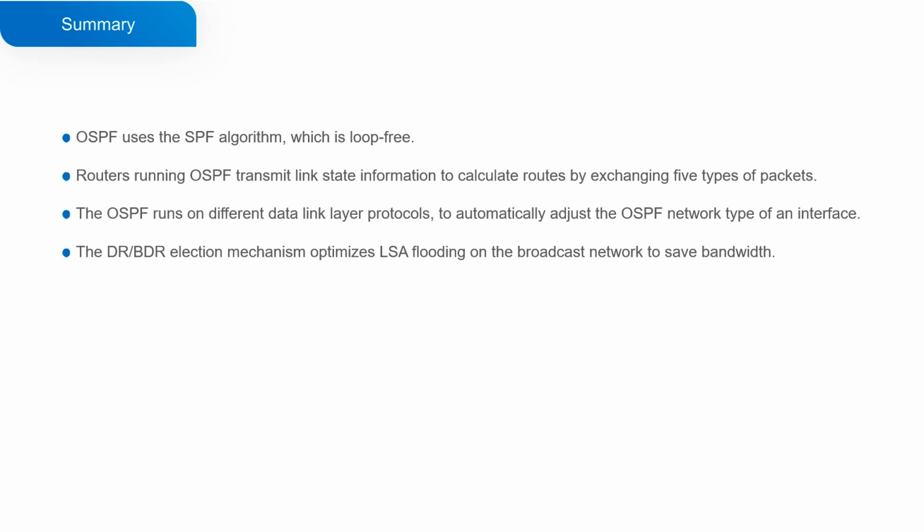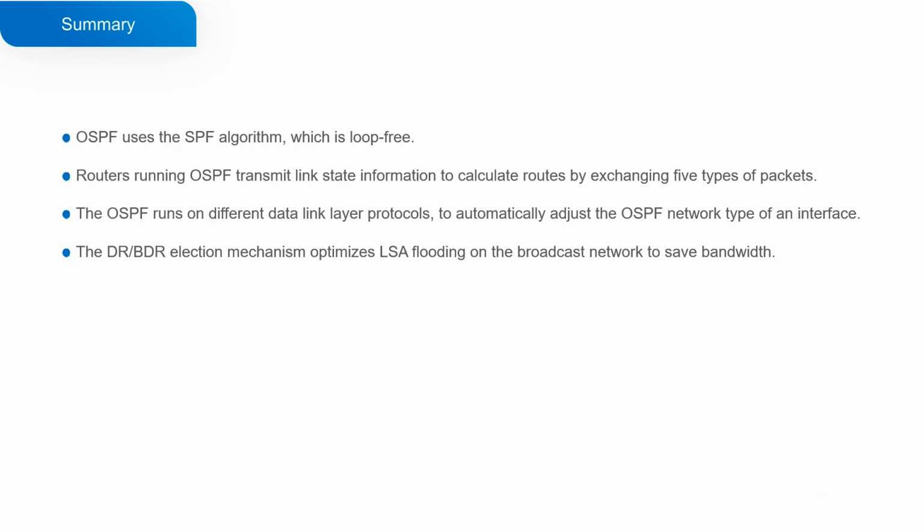So for the different data link layers, we have to adjust our OSPF protocol to become different network types. For example, P2P, P2MP, broadcast, and non-broadcast multi-access. So for the different data link layers, OSPF automatically adjusts the network type.